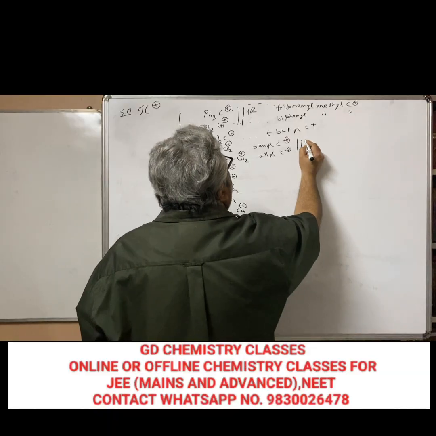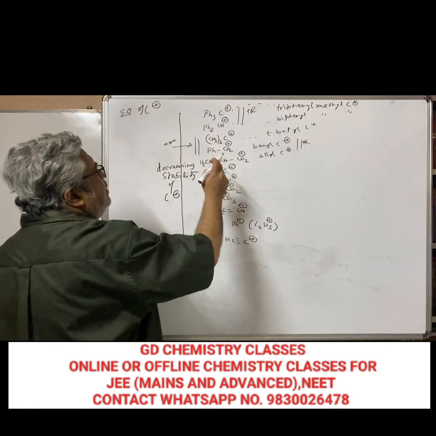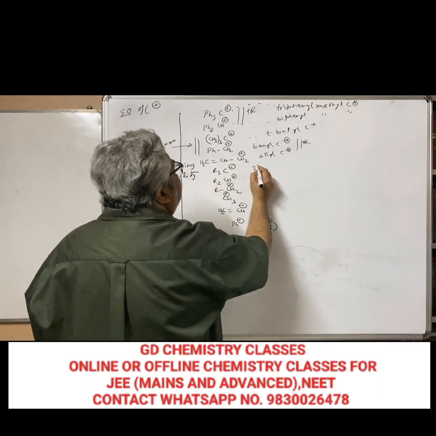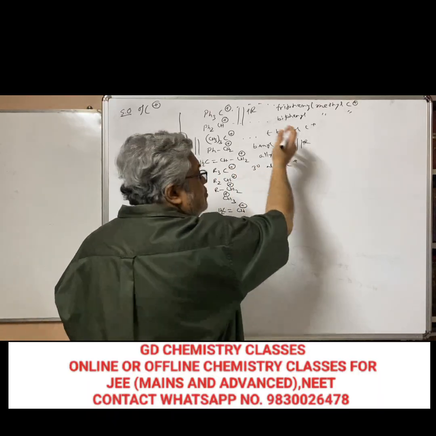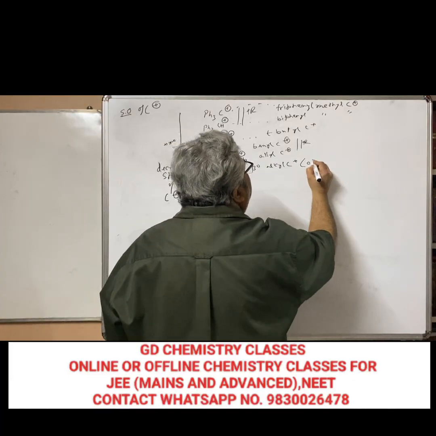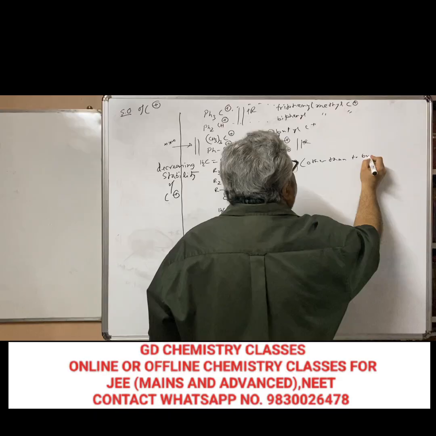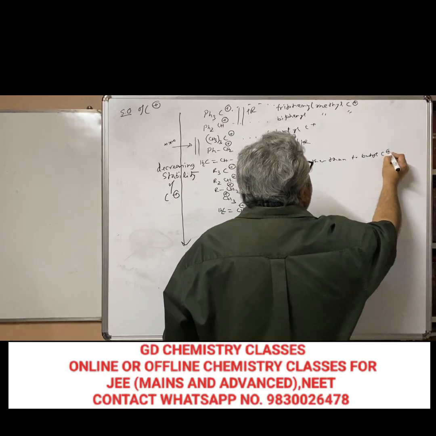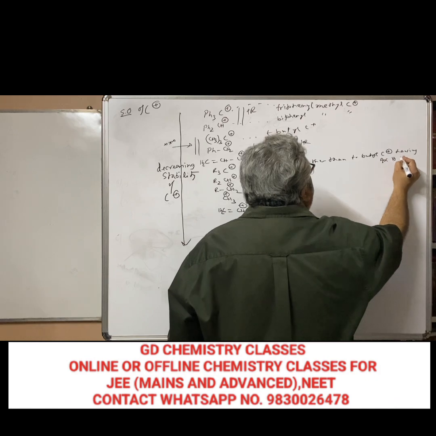Here also we have resonance, but more resonating structures are involved here than there. Then comes 3 degree alkyl carbocation, as already discussed, other than the tertiary butyl one, tertiary butyl carbocation having 9 alpha hydrogen atoms.